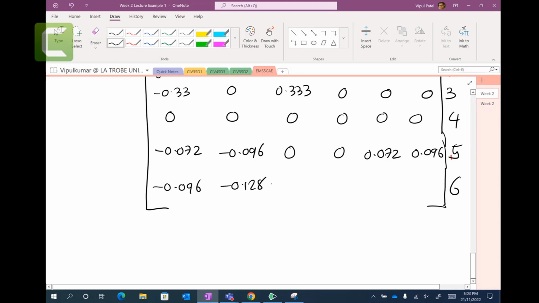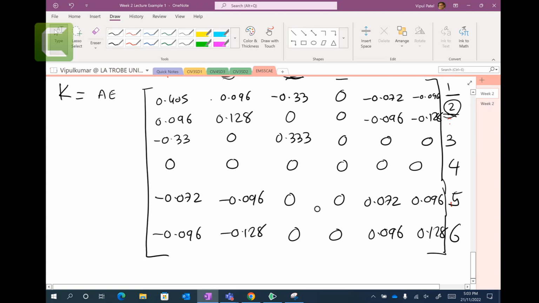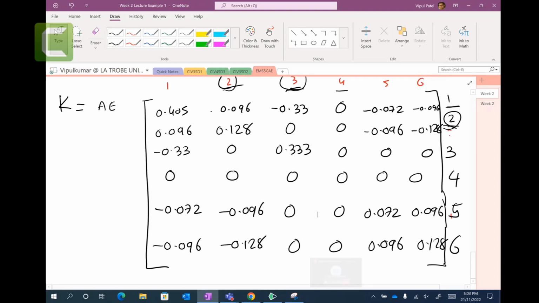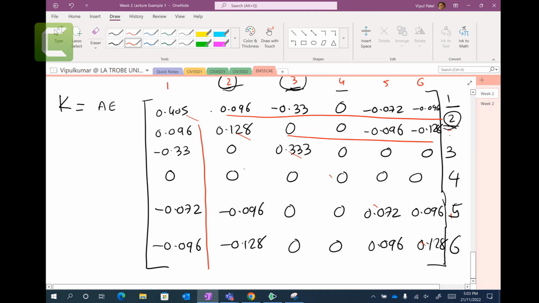Minus 0.128. 0, 0. 0.096. 0.128. Check, check. All diagonals are positive. Bang, all positive. This line, same. This line, same. Perfect.